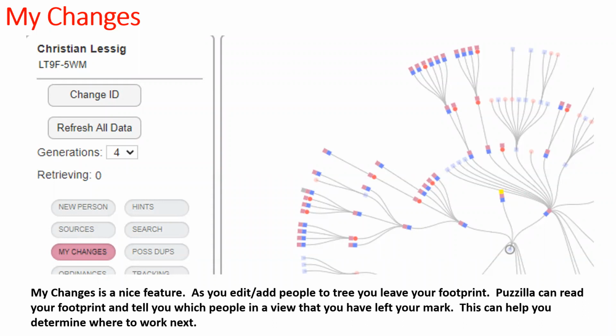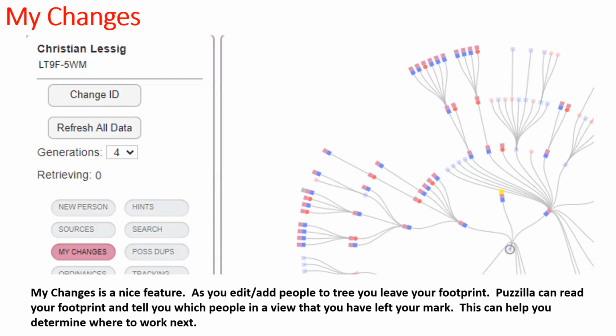You can click on My Changes and it'll check everybody in that tree view, whether it's a descendancy tree or an ancestry tree, and it will mark anybody that you've left your footprint on with that kind of plum colored box. In other words, if you've changed a person's name or added a date or changed a place or added a source, did anything to that person's record that left your name there, it's going to mark them.